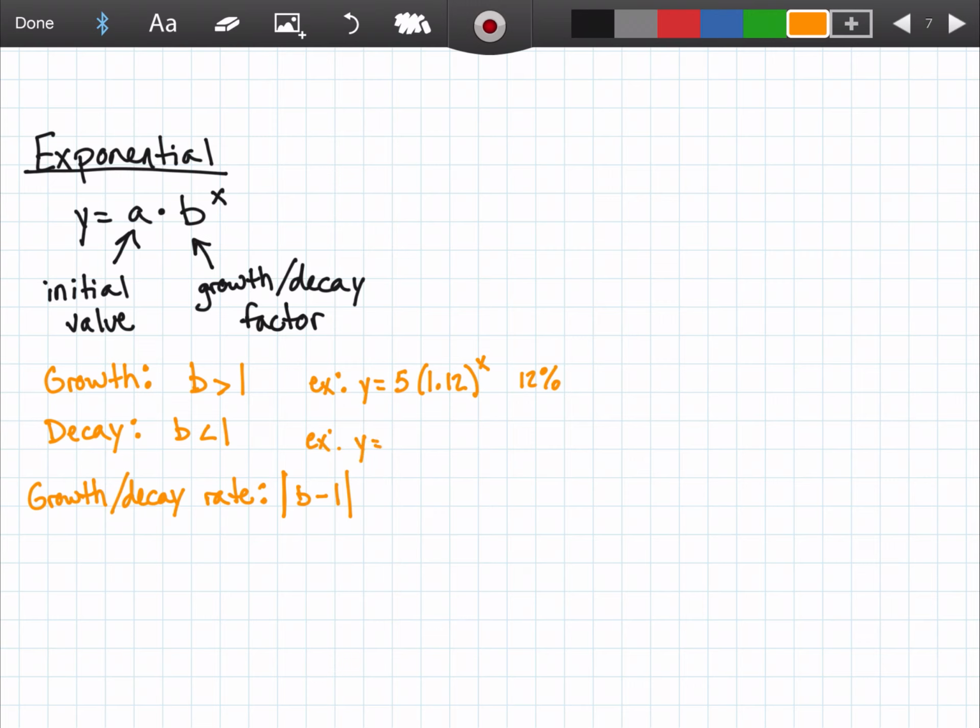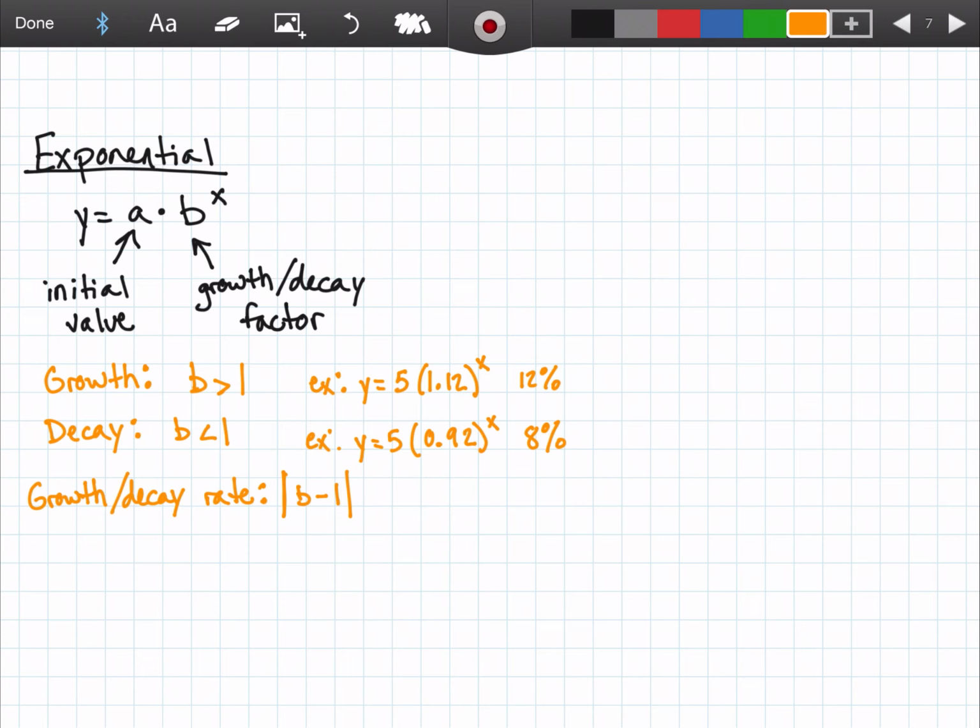Or maybe y equals 5 times 0.92. Well, b, 0.92 minus 1 is a negative 0.08. Take the opposite value, it's a positive 0.08, which tells me that's going to be an 8% decay rate.